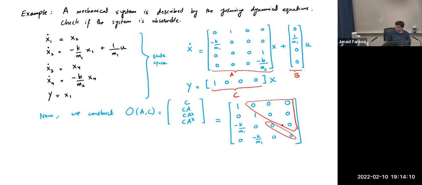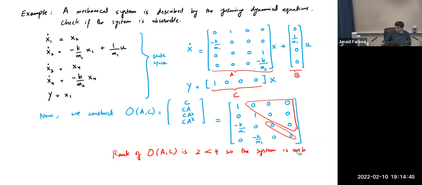These two are 0, so you have 2 zero pivots. I can directly say that the rank of the observability matrix is 2, which is less than 4. So the system is unobservable.